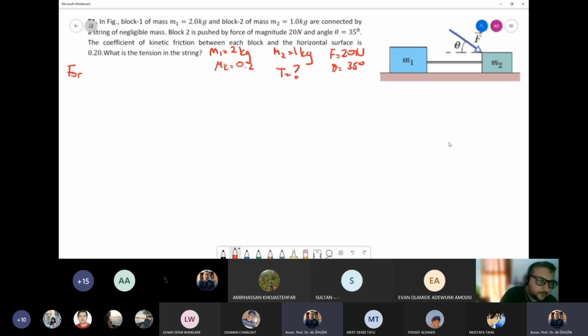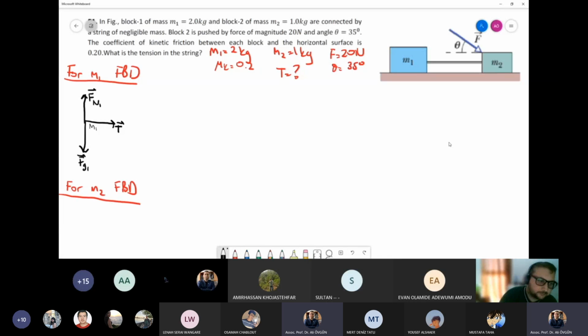For M1, this is the center of mass for M1. So there is F normal 1, and there is also Fg1, and there is a tension on the rope T. And then let's look at the free body diagram for M2.